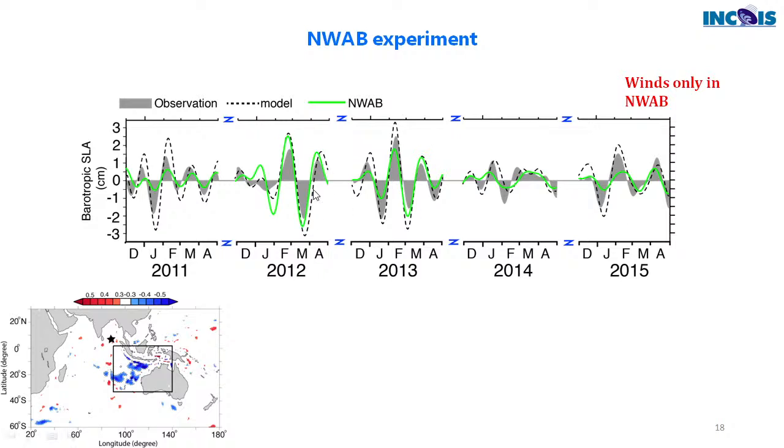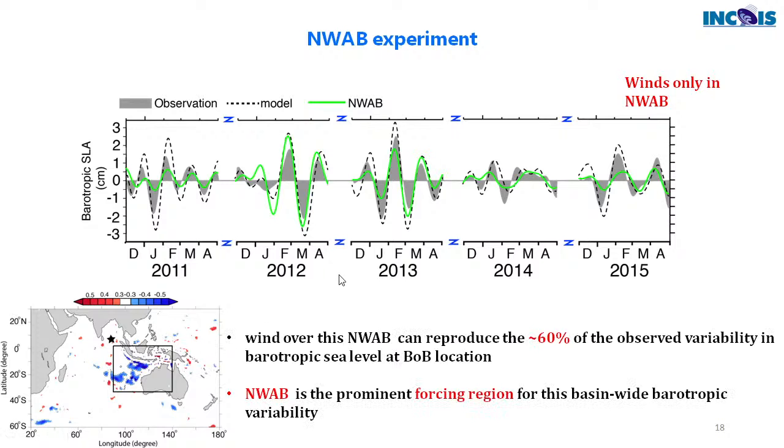The green line represents the barotropic sea level extracted from our run, forcing winds only in the Northwest Australian Basin. The model reproduced almost 60% of the observed barotropic sea level variability, confirming that the box region is the most prominent forcing region for the observed barotropic sea level variability.